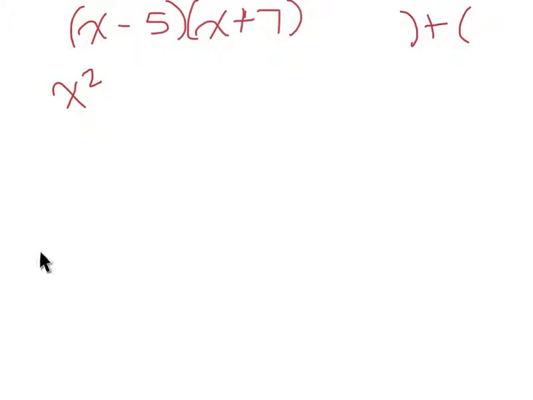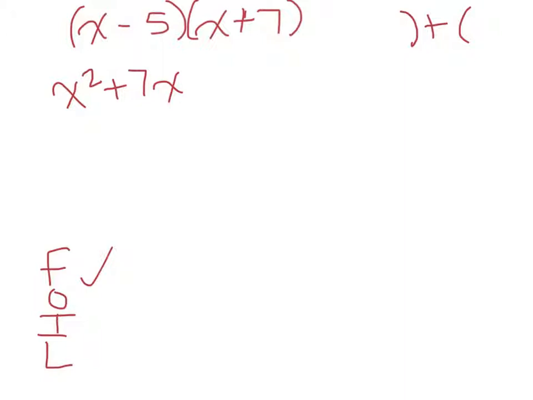Let me write FOIL down here, F-O-I-L. Okay, so we already did first. Now we need to do outside. So x is the outside of this binomial, and 7 is the outside of this binomial because they're on the outside of the problem. Okay, so 7 times x is 7x.